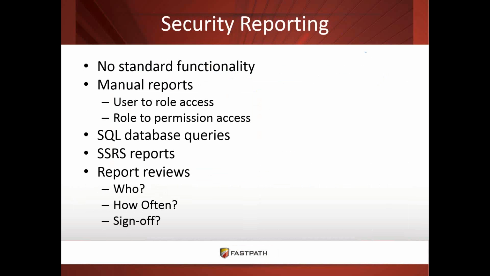You can show evidence saying, we have a schedule where we produce this report every month, and Joe, my manager from accounting, reviews this report every month to validate that his employees have the correct access, what they should have access to. So you have to build some process around reviewing those reports, who's reviewing them, and have some evidence of a sign-off. The biggest question is who actually reviews them.